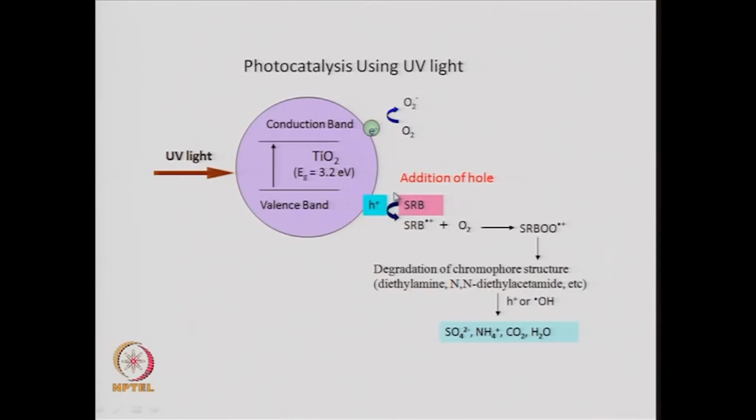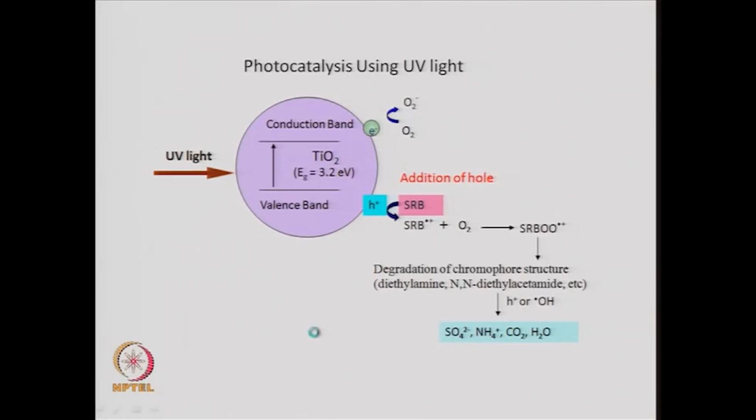So, here we are looking at addition of a hole on the dye to create again a radical cation of sulforhodamine B. This again is similar to what we studied in the previous slide, that the radical cation then reacts with oxygen to give you another radical cation, and that breaks down to give you small molecules like diethylamine, N,N-diethylacetamide, etc., and then in the presence of holes or hydroxyl radicals, it gets converted to simple molecules or ions.